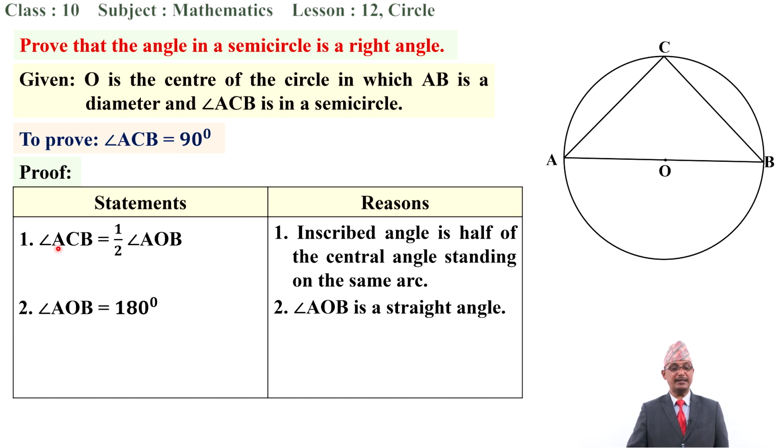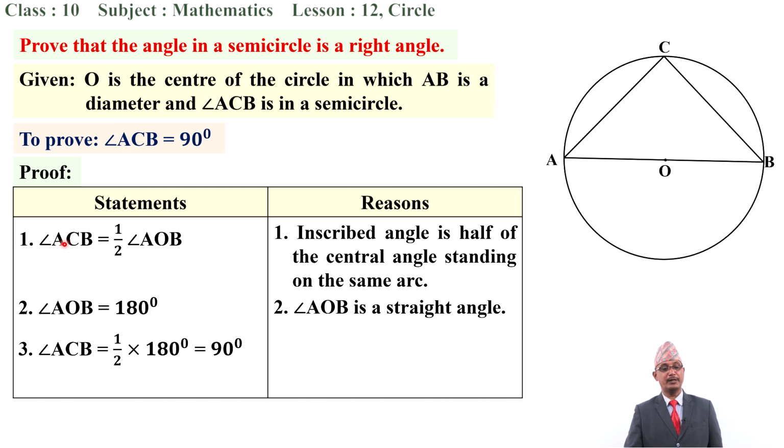Now if I combine these two statements, what happens in statement 3? ACB same, half same. Instead of angle AOB, what shall I substitute from 2? 180 degree. Look here. We have substituted the value in 1 from 2. So ACB equals half times 180 degree. 180 degree divided by 2 becomes how many degree? 90 degree.